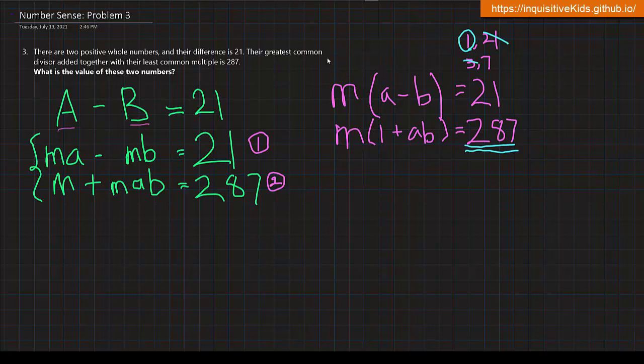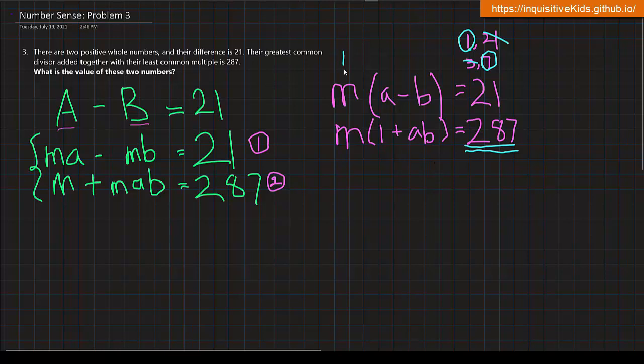What about 7? If M was 7, then a minus b has to be 3, and 1 plus ab would have to be 41. Maybe 7 could work. Now let's try out M equals 1.